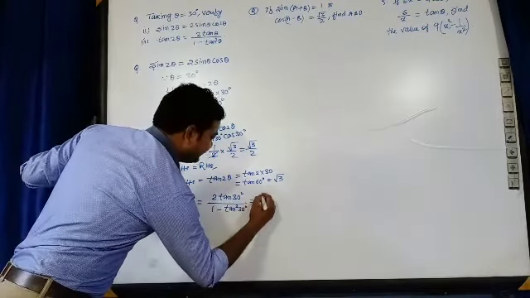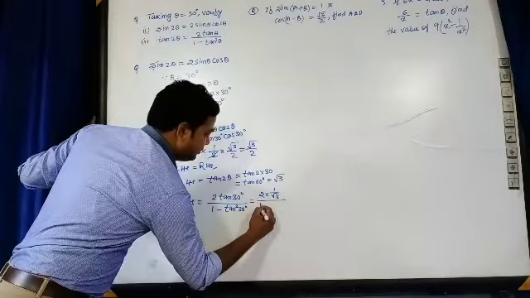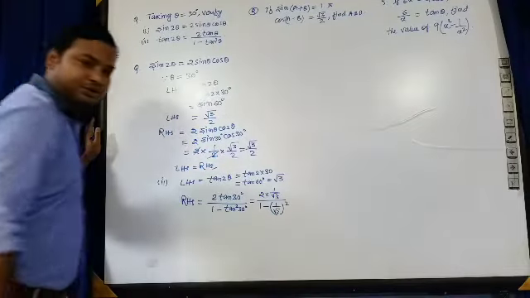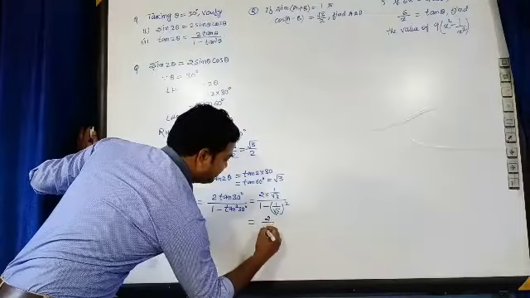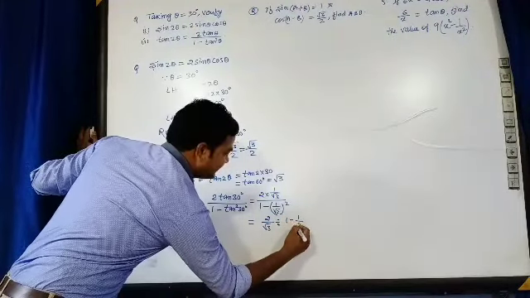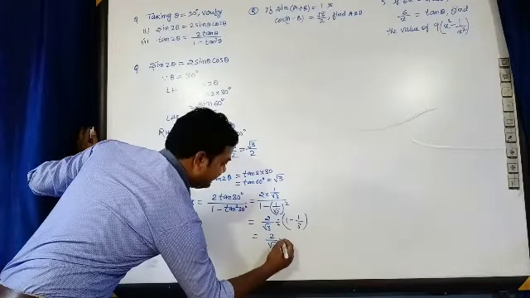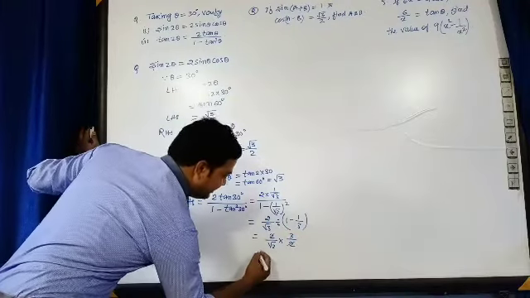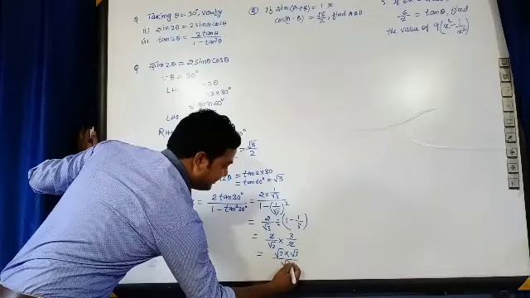And we know that tan 30 equal to 1 by root 3, so 2 by root 3 by 1 minus 1 by root 3 whole square. It means 2 by root 3 divided by 1 minus 1 by 3. It means 2 by root 3 into 3 by 2. 2 cancels. 3 should be written as root 3 into root 3 by root 3.